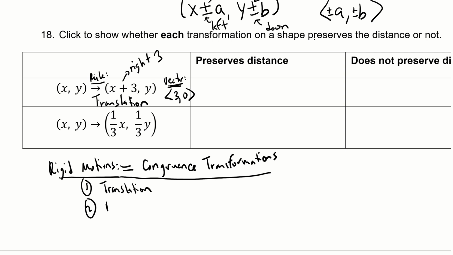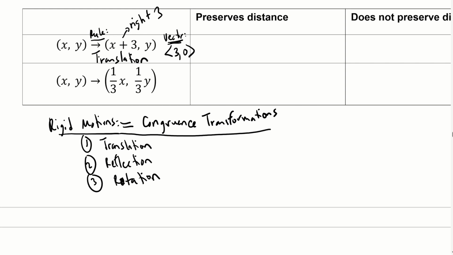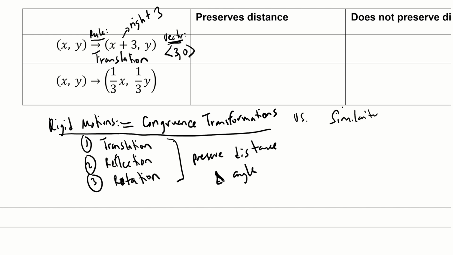And then you have a reflection, which is just flipping the figure, so it doesn't change the size. And then you have rotation, which simply turns the figure. Those are 3 rigid motions, and they all preserve distance and angle.